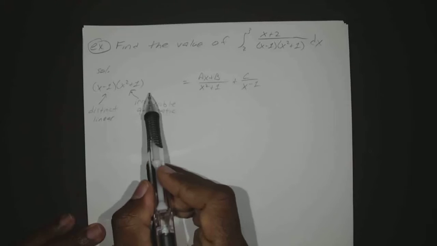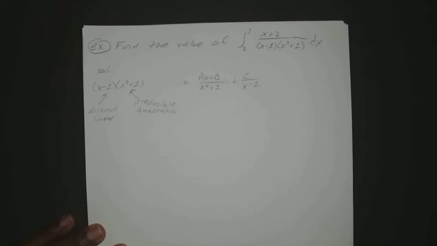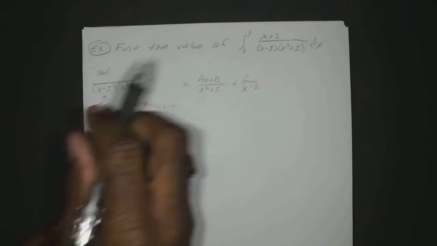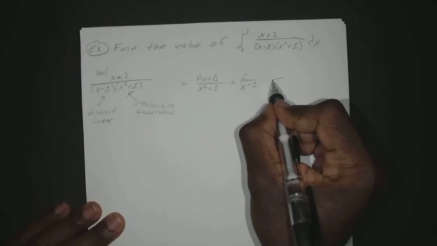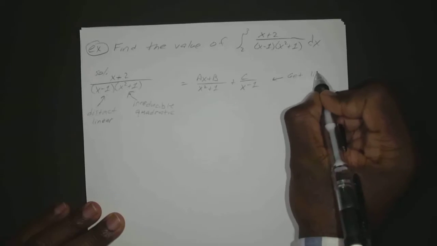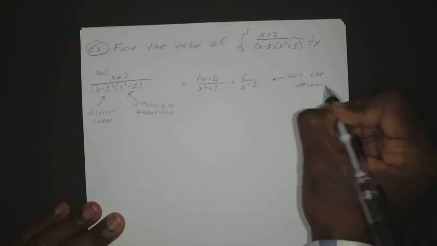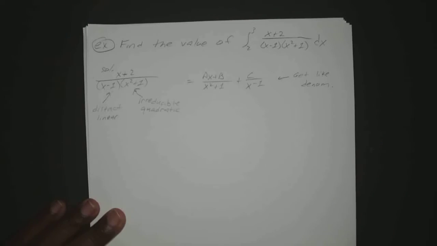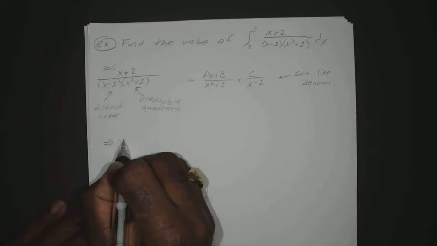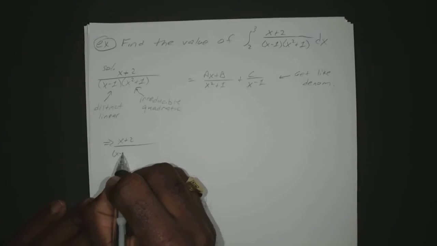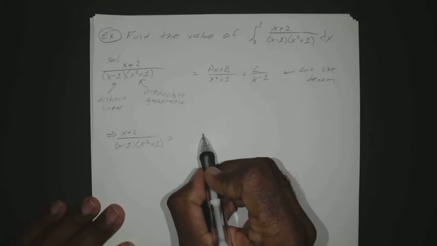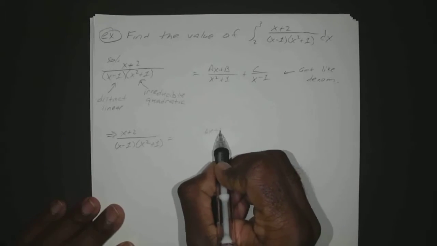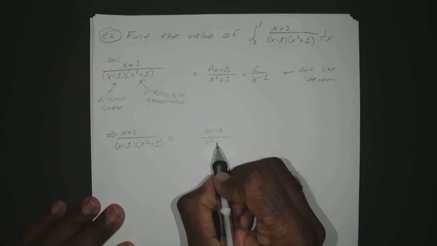All right, so the first thing we're going to do here is get like denominators. Well, I might as well put the x plus 2 over here instead of rewriting it. So we have x plus 2 over x minus 1 times x squared plus 1 equals ax plus b over x squared plus 1.